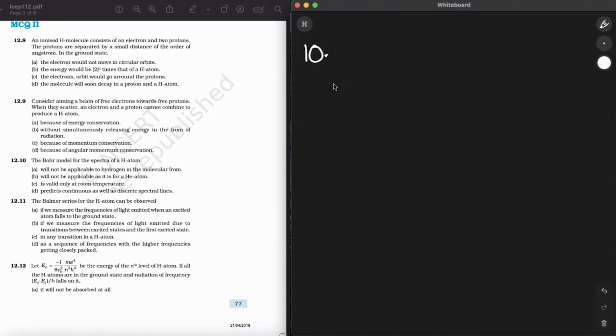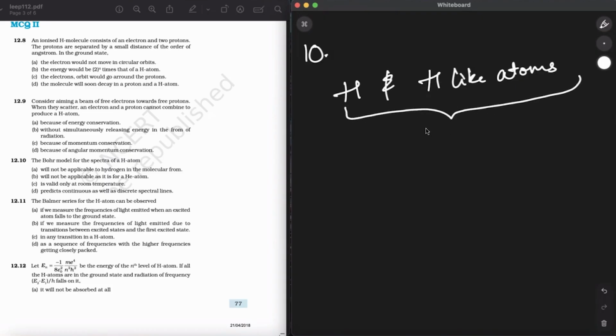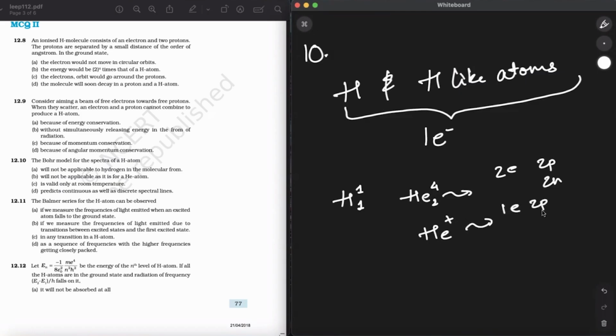Bohr stated that the Bohr model for the spectra of the H atom will not be the same for hydrogen and H-like atoms. What is so unique about them? They have only one electron. If I write something about helium, it is He 2, 4, so it has two protons, two neutrons. But if I write helium positive, it will have one electron, two protons, two neutrons.